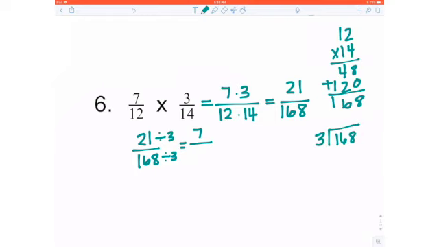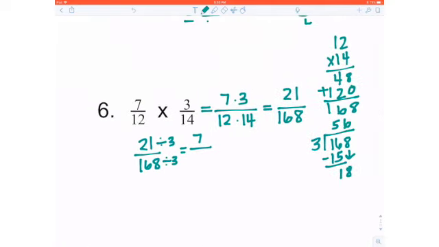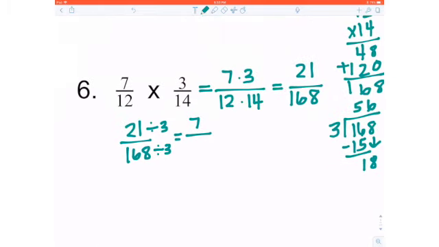So 3 goes into 16 5 times. 3 times 5 is 15, which gives me a remainder of 1. I bring down the 8. 3 goes into 18 6 times. So I end up with 7 over 56.